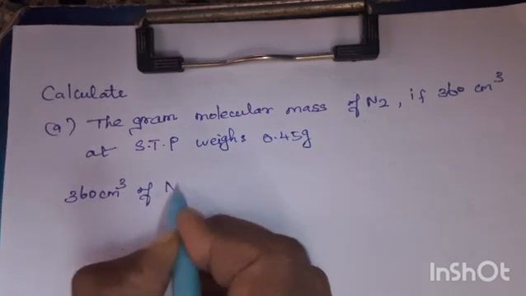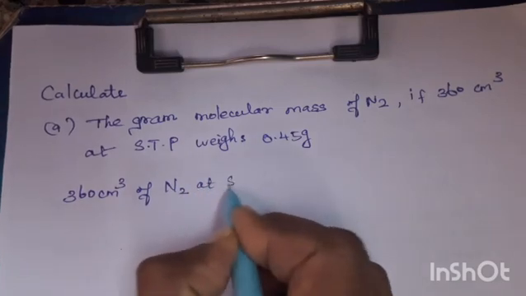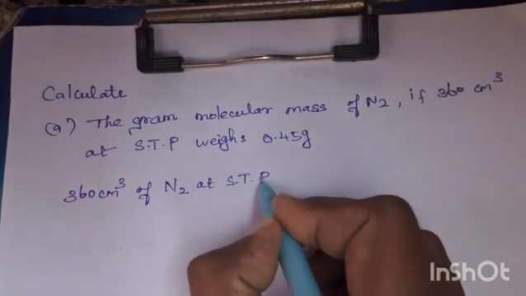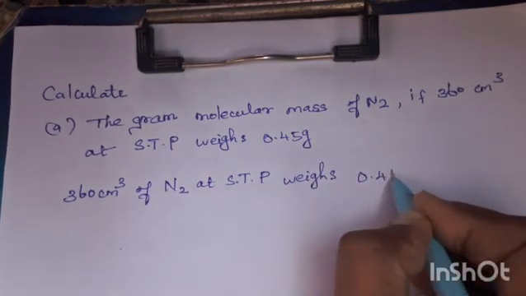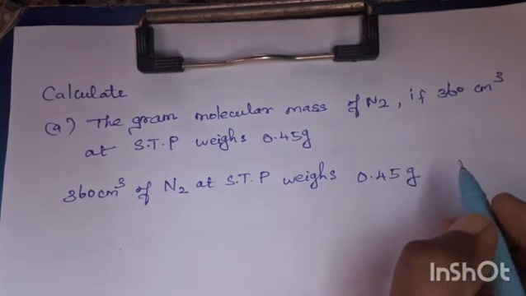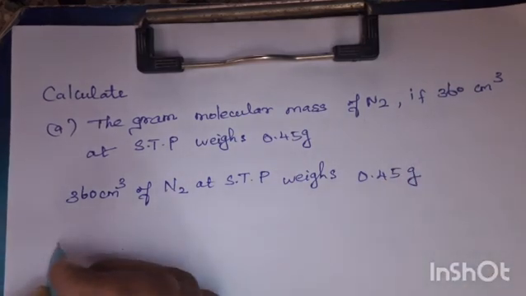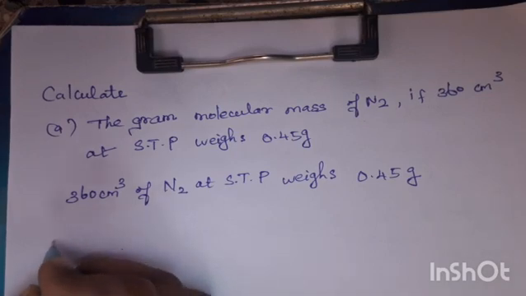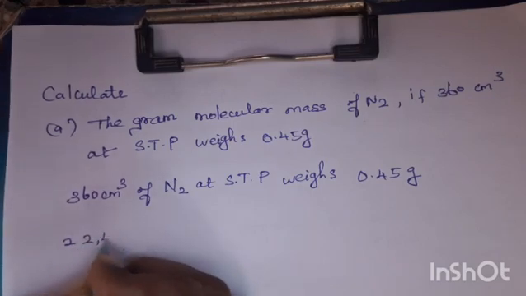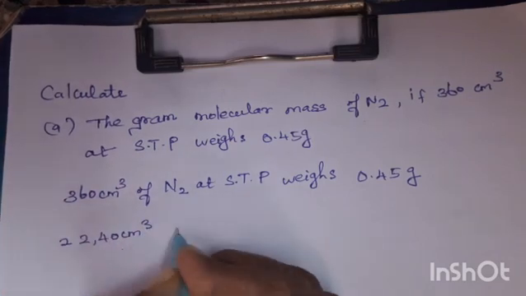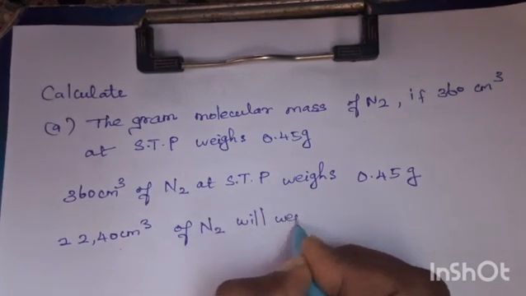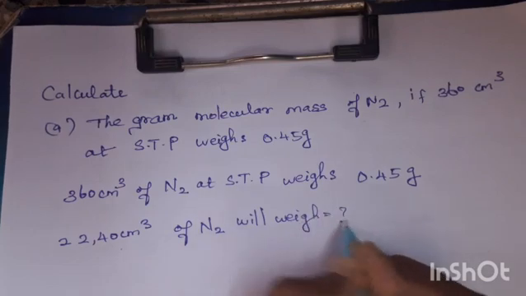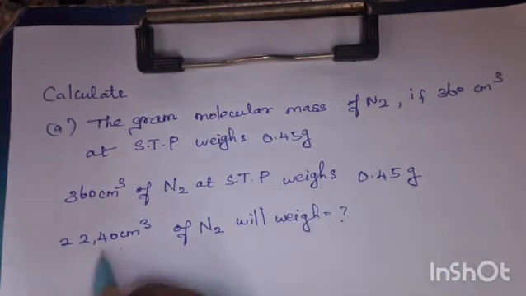So 360 centimeter cube of nitrogen at STP weighs 0.45 gram. Therefore, 22,400 centimeter cube of nitrogen will weigh what? Why do we have to find the weight respective to this volume?